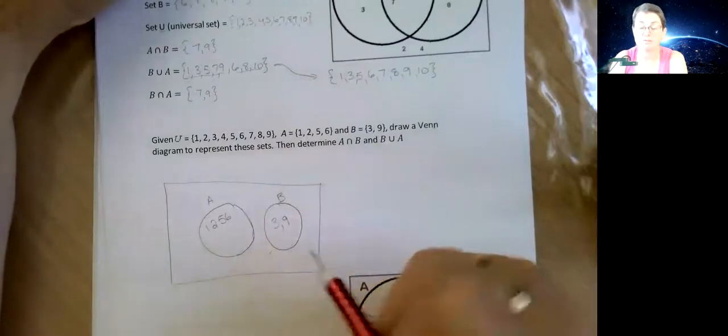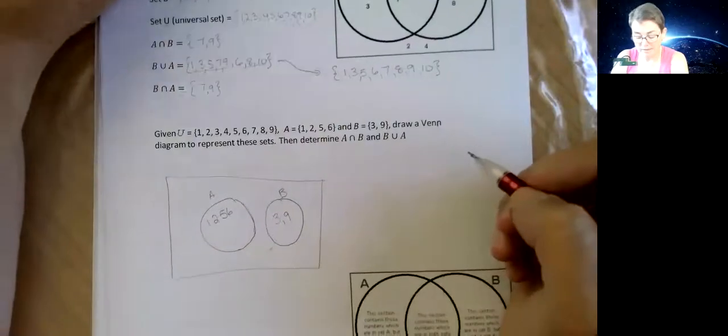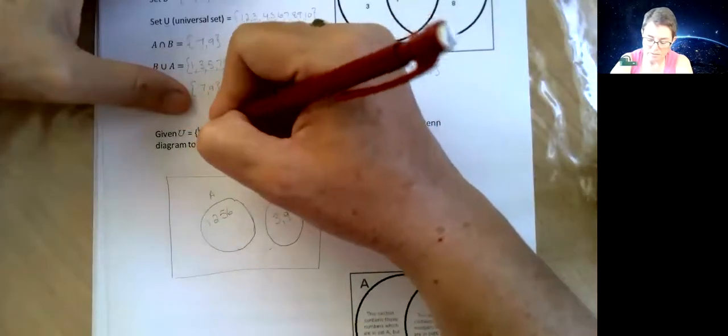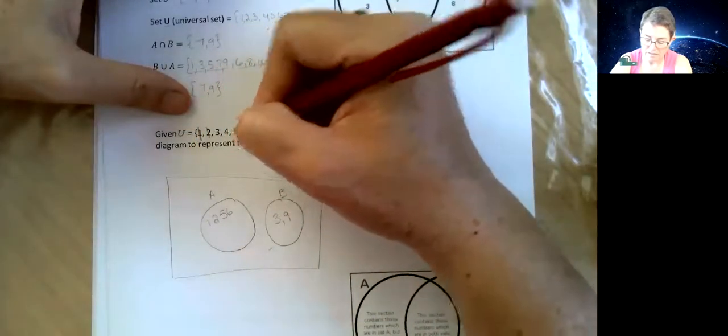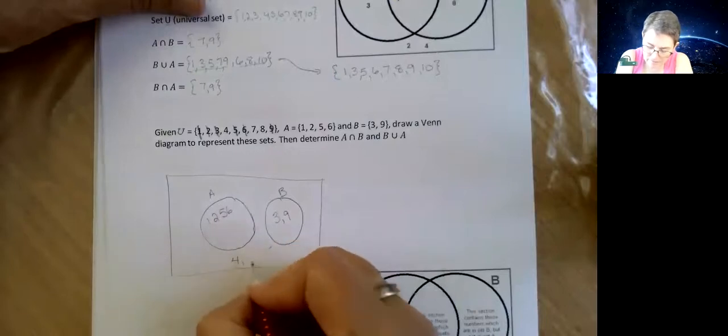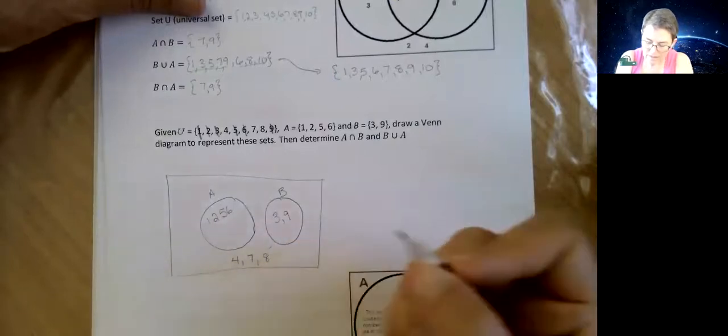So you draw the circles that don't have anything in common. However, I have a universal set here. So I've used the 1, the 2, the 5 and the 6, and the 3 and the 9. So where do we put the 4, the 7, and 8? They go here in the box. So we put the U for universal set, and we're golden.